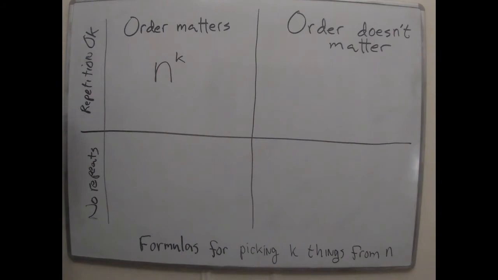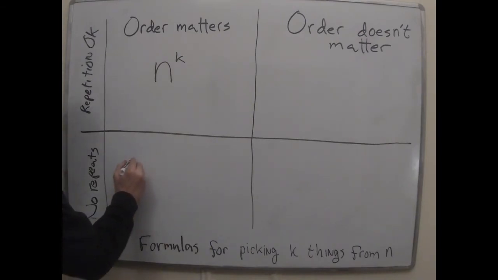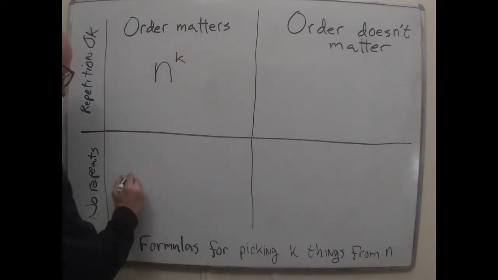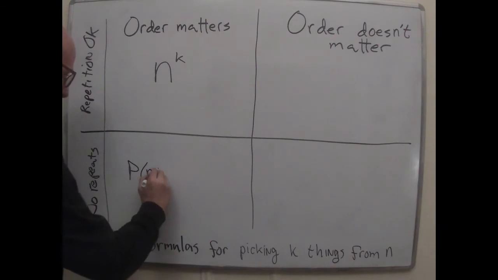That's easy. This one, where we're not allowed to repeat, that's a permutation, right? We'll have n choices for the first number, then n minus 1 choices, and then n minus 2 choices, etc. And it turns out it's the P of n and k numbers we've been dealing with.